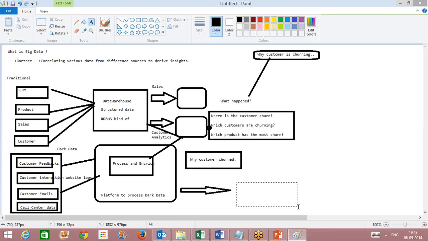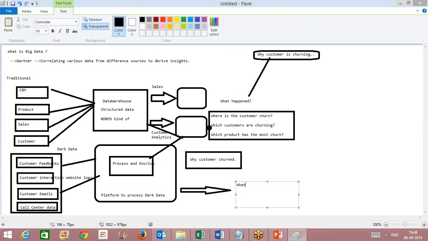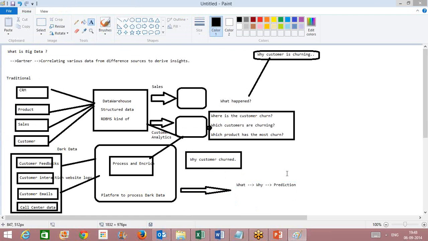So you are going from what to why to what will happen. So basically coming to prediction.